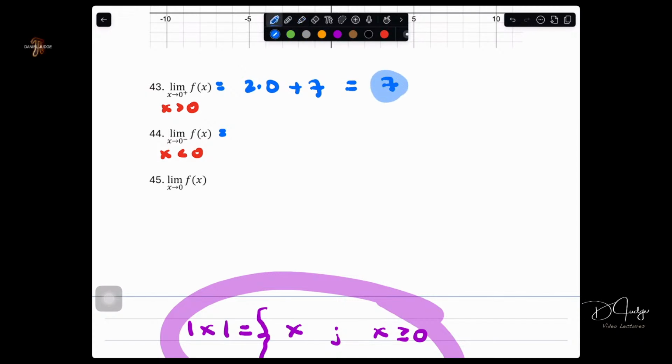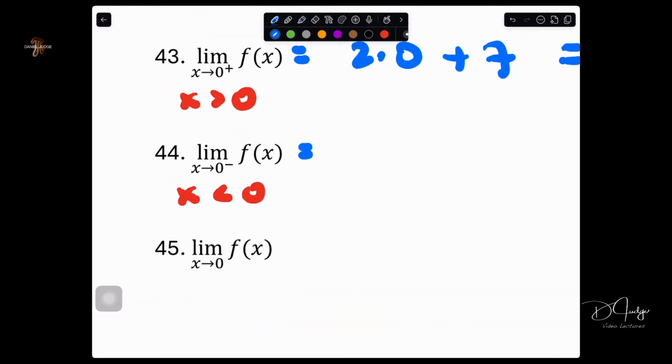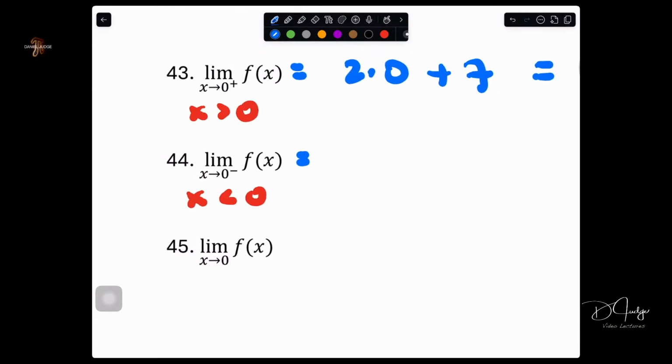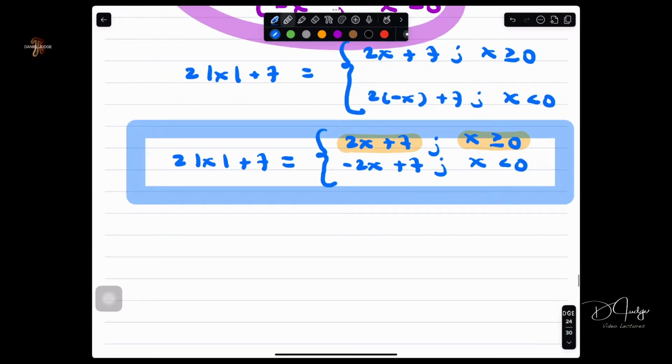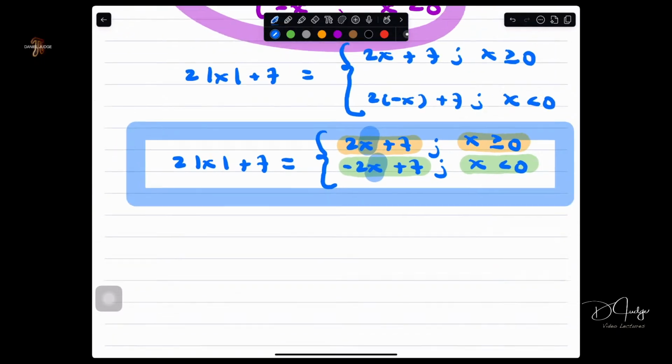Okay. Now, for x being less than 0, you might say, well, when do I use the x being less than 0 piece? They tell you right here. You're going to use the bottom. So now you're going to plug in 0 for x like you did earlier. But don't forget there's a negative there in front.